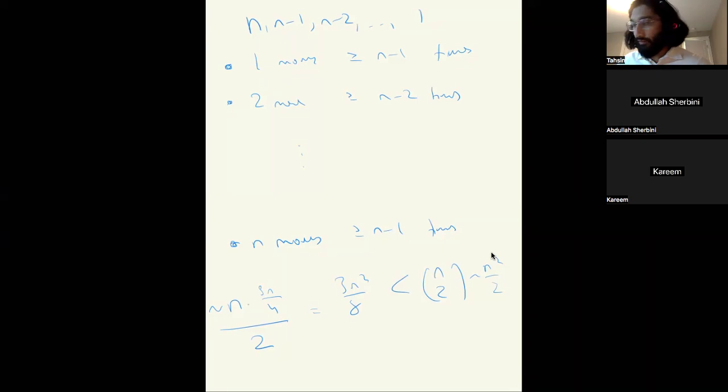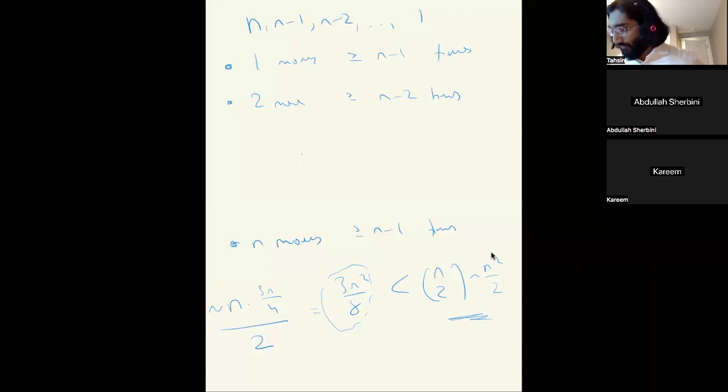So what is this argument telling us? It's telling us that it takes at least about 3n squared over 8 moves, but the claim was that it always takes n choose 2 moves. So this argument isn't strong enough, right? Does it make sense? Now we're trying to find the bounds.